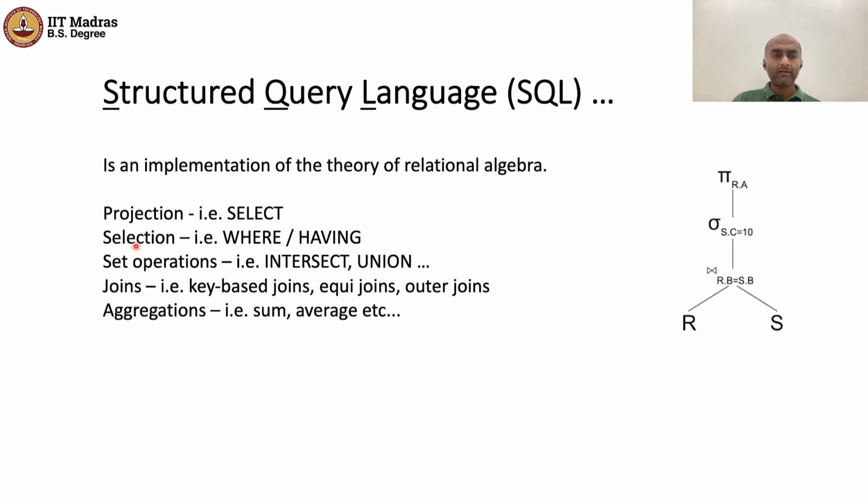The second operator is selection. Selection is, like the name suggests, selecting certain records based on some conditions. Effectively, these are filter conditions, and those filter conditions can be expressed using filter clauses. In the world of SQL, the keywords typically associated with it are where and having.